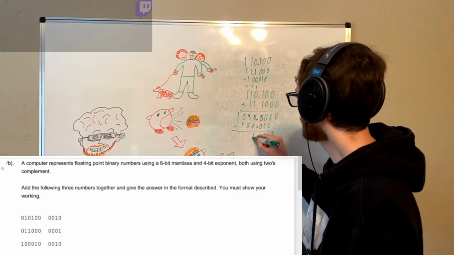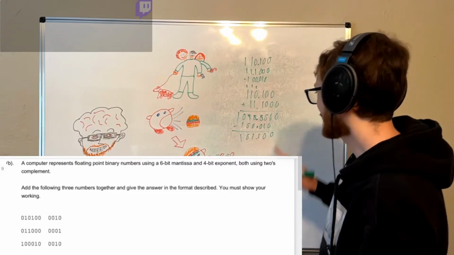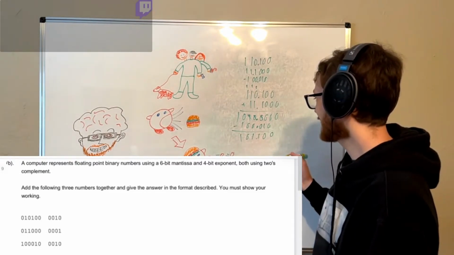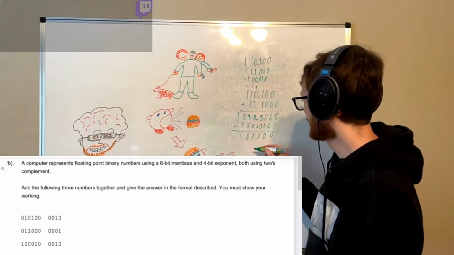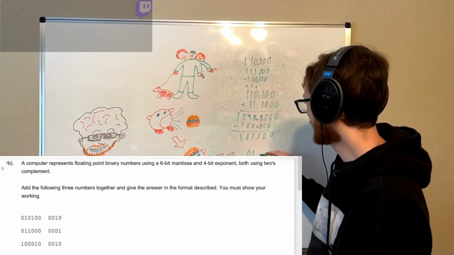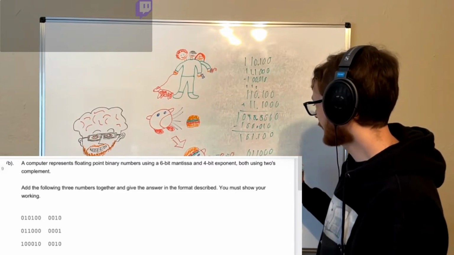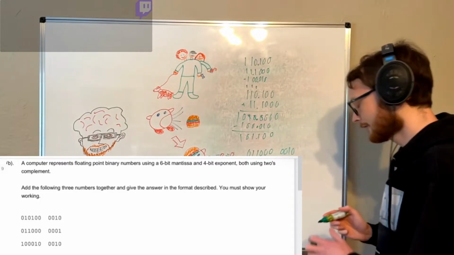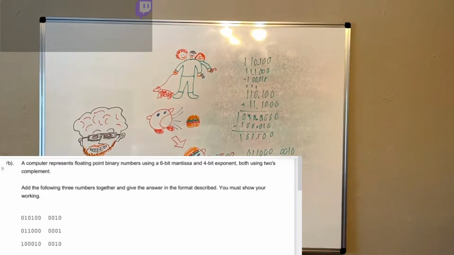Is it like 1, 1, 0, 1? I don't think that's right. I think I'm still doing it wrong. You put it back in mantissa it'd be 0, 1, 1, 0, 0, 0, because you want 6-bit, and then the exponent will be 0, 0, 1, 0. I don't think that was the answer though. Oh shoot, I'm cutting off the answer.